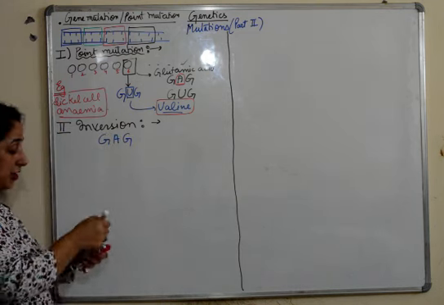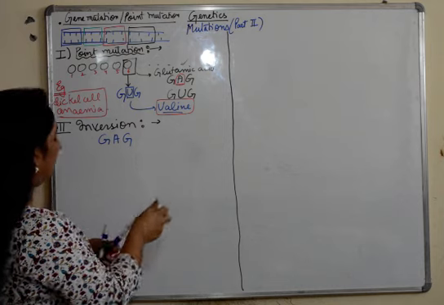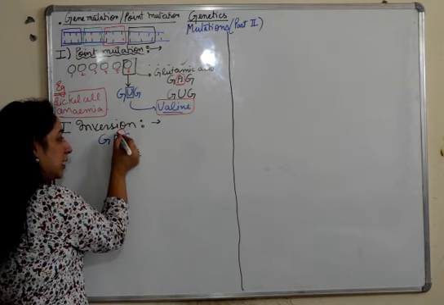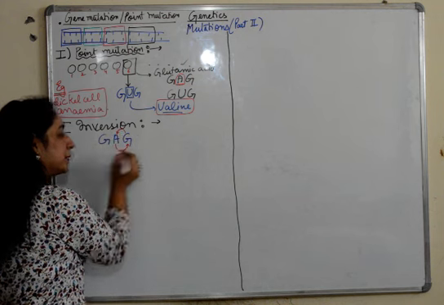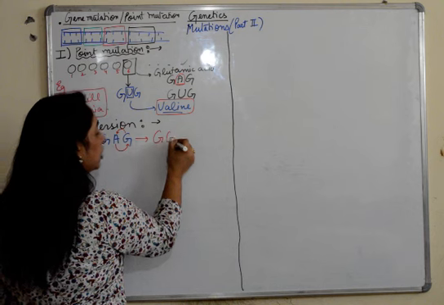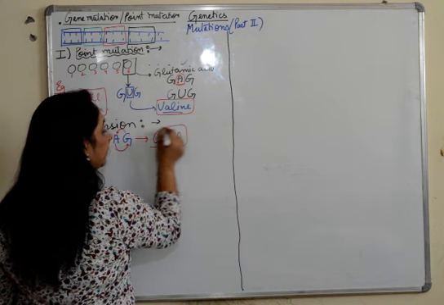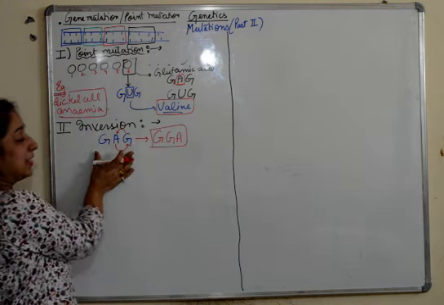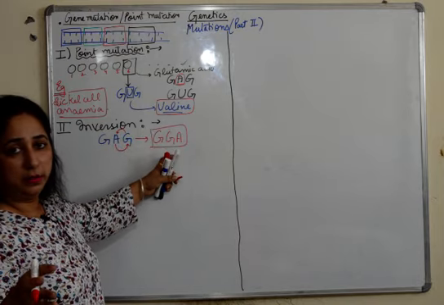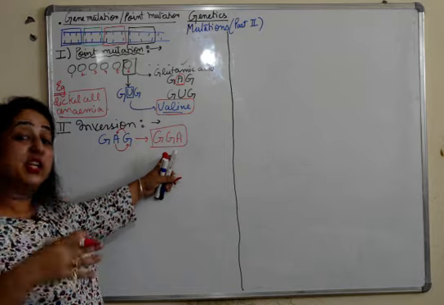Now when I say inversion has taken place, what happens? Suppose this G comes here, flips, and this A comes here. So the whole code changes. Now it becomes GGA. Maybe this is not coding for anything. Fine. So the whole nature changes.